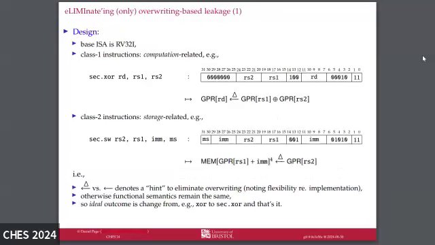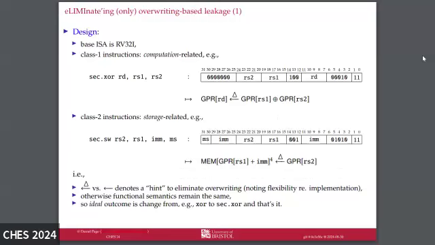Okay, so what does this look like in practice? I think it's fair to say what we're doing here is pretty simple. The base ISA that we're using is 32-bit RISC-V, but there's nothing per se that prevents you applying a similar technique to other instruction sets.